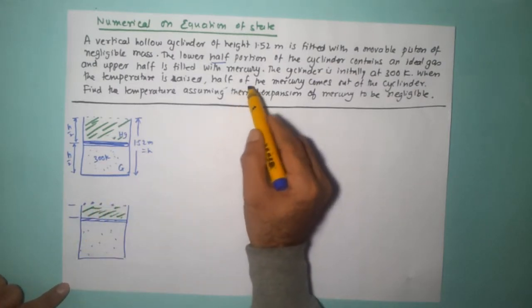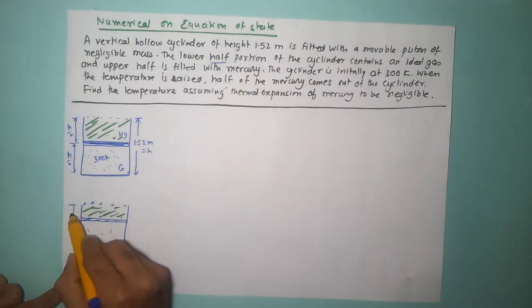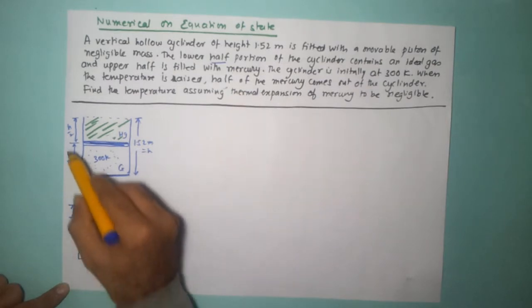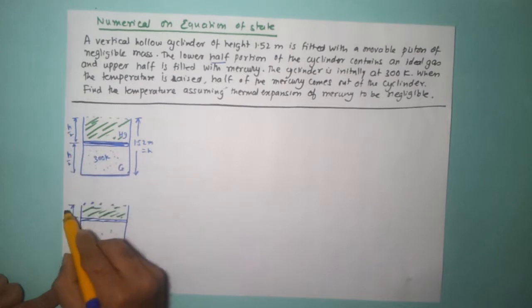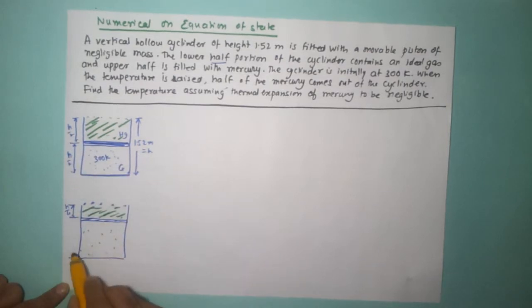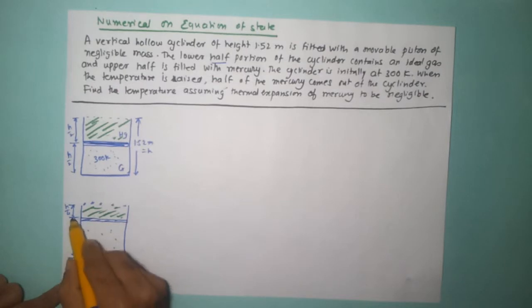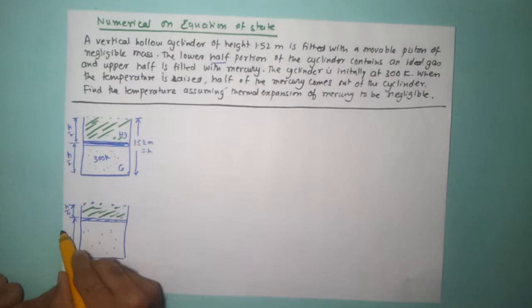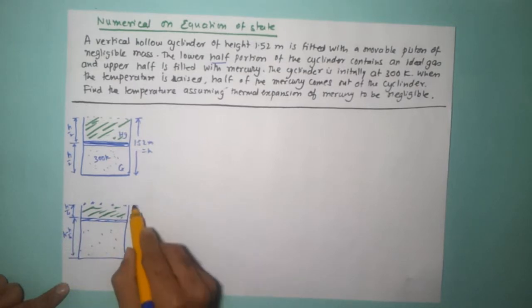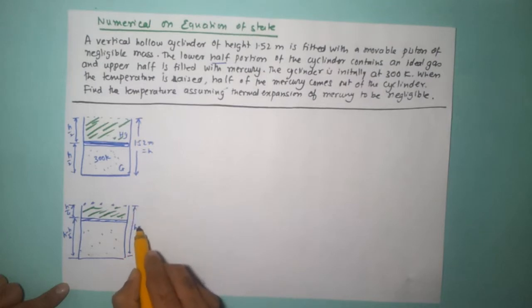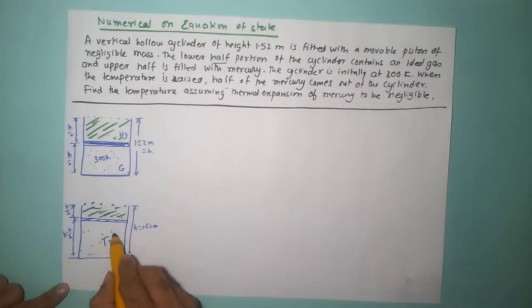It is said that half of the mercury comes out. So this particular length, which was earlier h by 2, will now become h by 4, and therefore the gas height will become h minus h by 4. Of course, h is equal to 1.52 meters, and now we have to find the temperature of the gas.